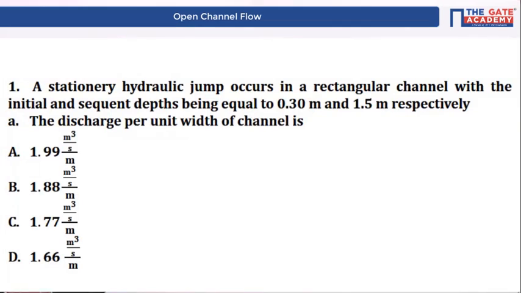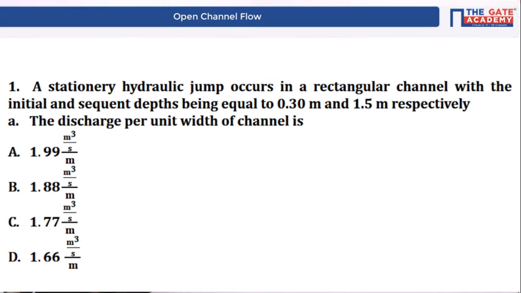After this, I want to start with the first question, which will be shown on the board. Please look there. The first question is: a stationary hydraulic jump occurs in a rectangular channel with the initial and sequent depths equal to 0.3 meter and 1.5 meter respectively.